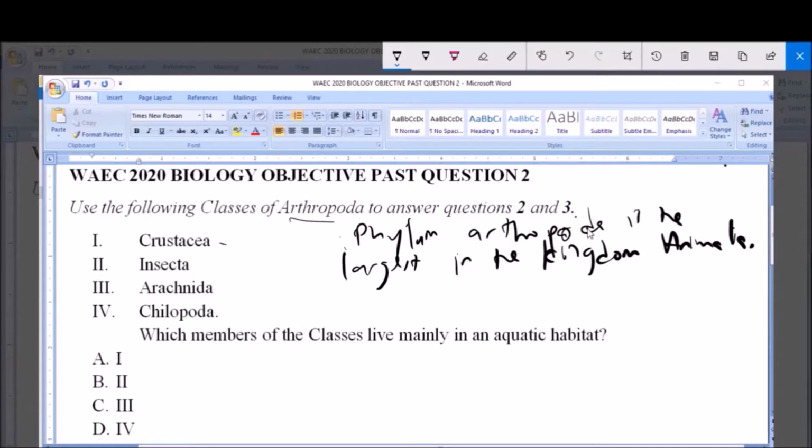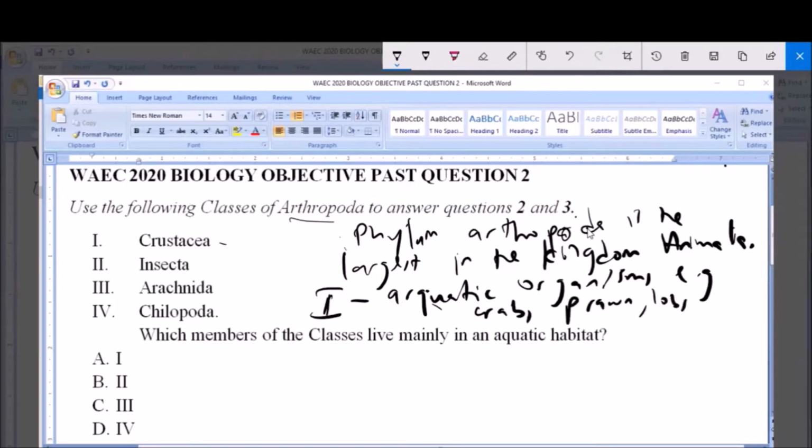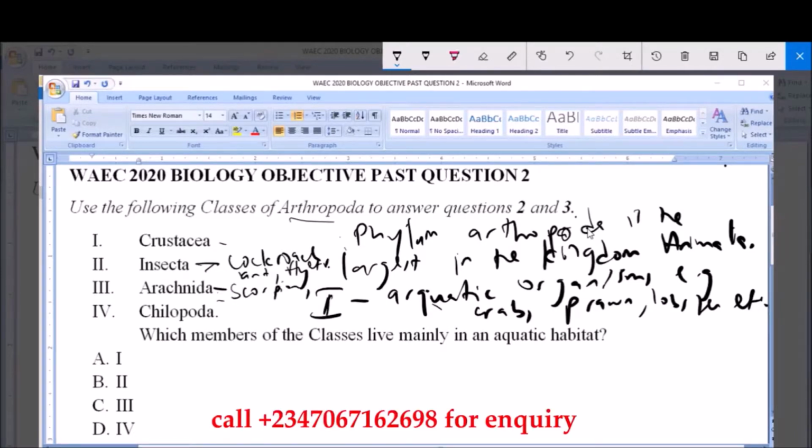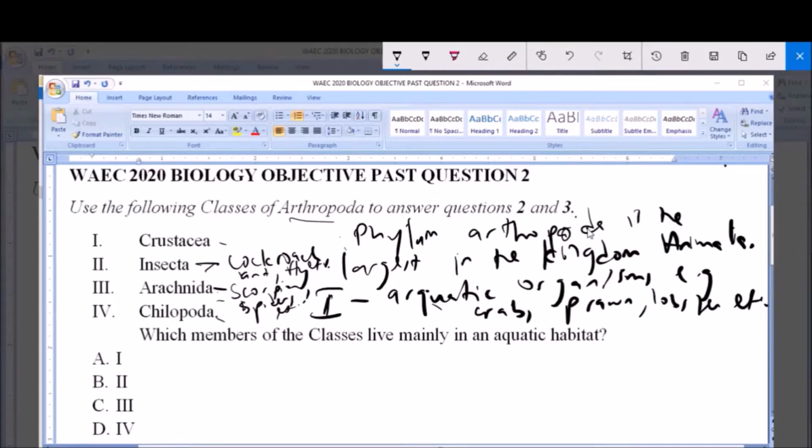The class Crustacea are basically aquatic organisms, and examples include the crab, prawn, lobster, etc. Now the class Insecta is the second here, and it is made up of insects, for example cockroach, ant, housefly, etc. And then 3, Arachnida is made up of the scorpions, the spiders, etc. And then the Chilopoda is made up of the centipedes. So those are the examples you have.